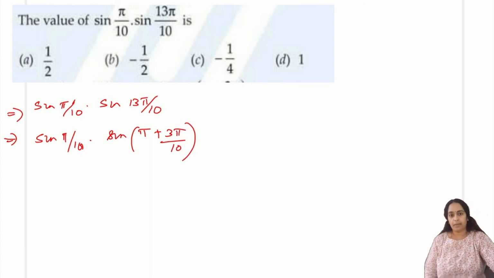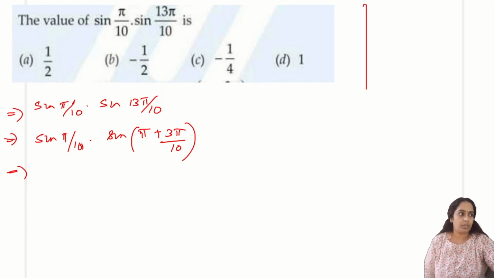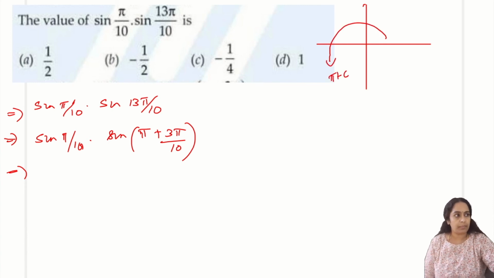Pi plus 3 pi by 10 is nothing but 13 pi by 10. So what is this, pi plus theta? Again when you look into the quadrants, what do you see there? Pi plus theta is third quadrant, where only tan is positive. Here sine is definitely negative.